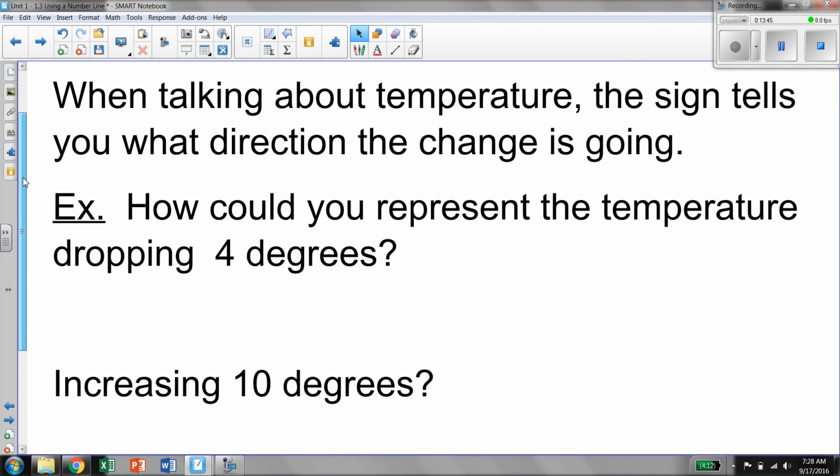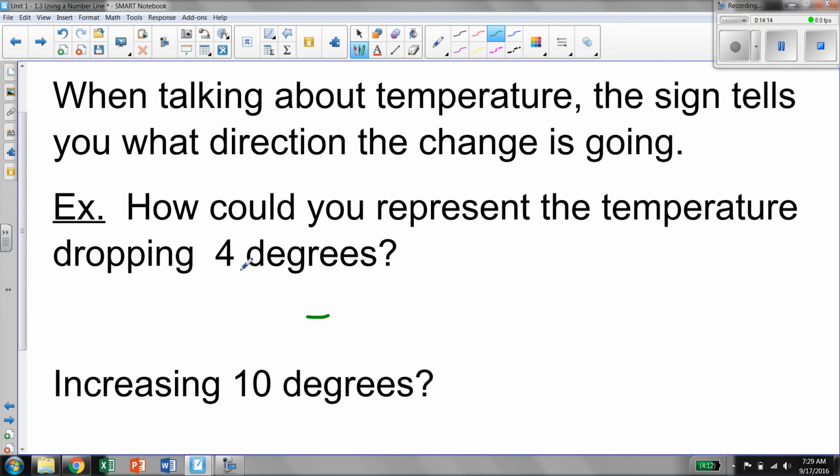So when we're talking about temperature and other things, but let's use the example of temperature, the sign tells you what direction the change is going. How could you represent the temperature dropping 4 degrees? Well, dropping. Does that mean it's going up or does that mean it's going down? And we should know dropping means down. So whenever we're moving to the left on a number line or a thermometer going down, we're talking about a negative number.